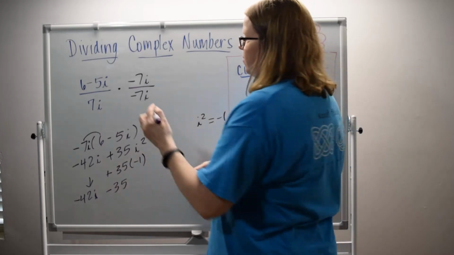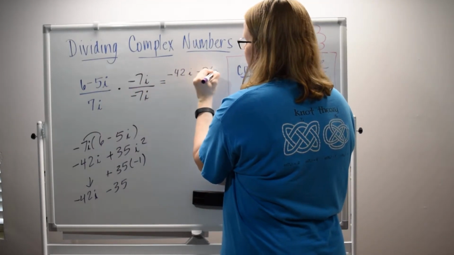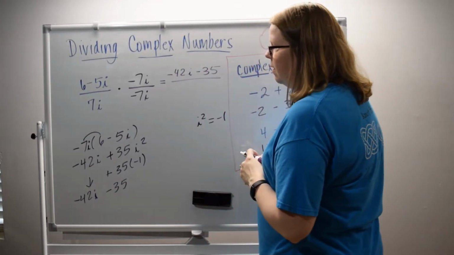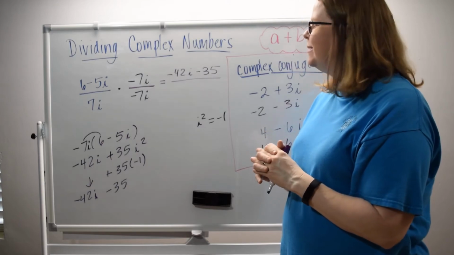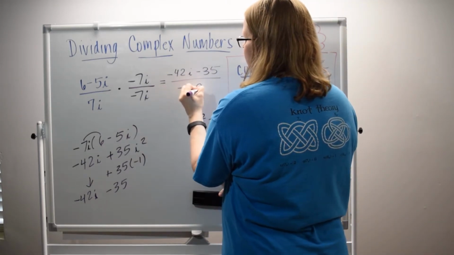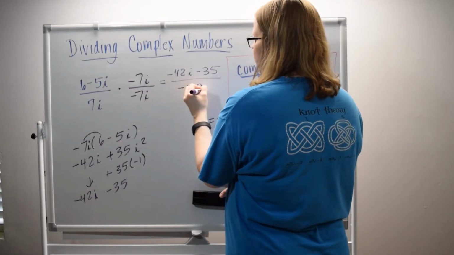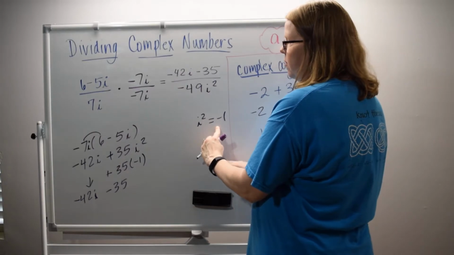All right, so that's what I have on top: negative 42i minus 35. On the bottom I just have the two terms, so that's simpler to do. Positive times negative is negative 49, and then i squared. And I know i squared is negative 1.